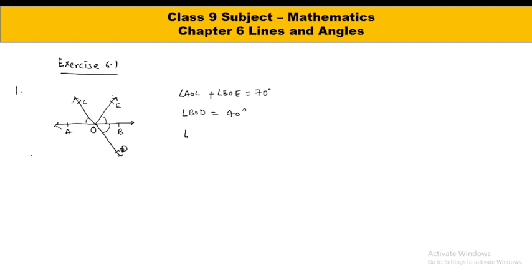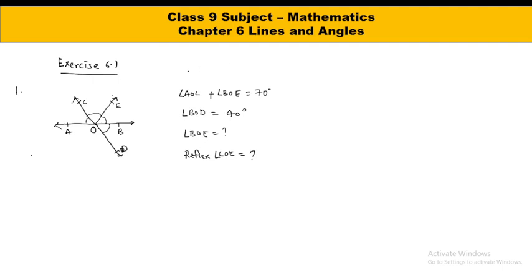Find angle BOE, that is a question mark. The angle BOE is unknown for us, and also we need to find reflex angle of COE, that is also a question mark for us. Angle COE is also unknown.